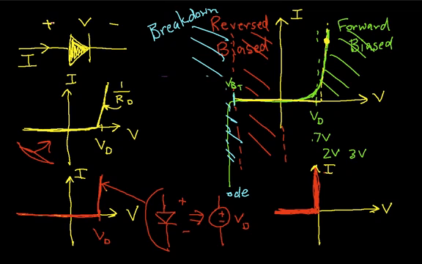For lower power applications, where the maximum voltage you're dealing with is not that large relative to V sub D, you use this model. And when you can neglect the fact that V sub D is non-zero in real diodes, you can use this model. This model, the last one that we did, is by far the simplest model to use. But again, it may or may not be accurate enough for what you need to do.